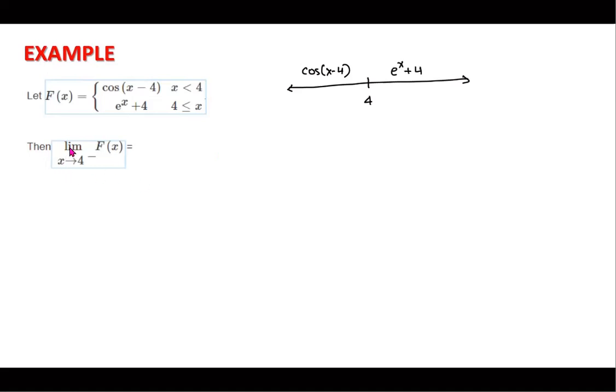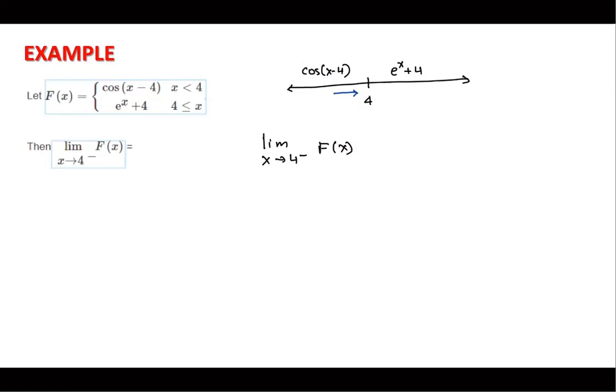Now, the question here is that we have to find the limit as x approaches 4 from the left. This minus sign means from the left. So we are approaching 4 from the left, getting closer and closer to 4 from this side. That means our function, as we approach from this side, is cosine(x minus 4).